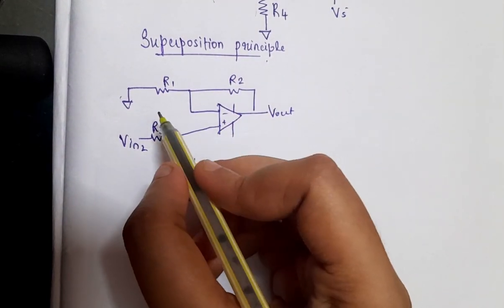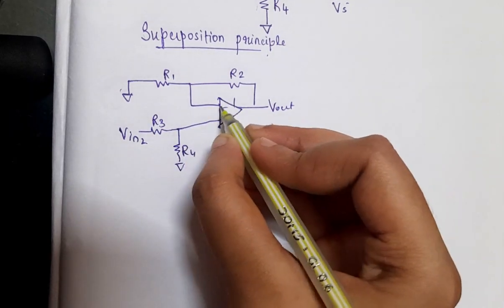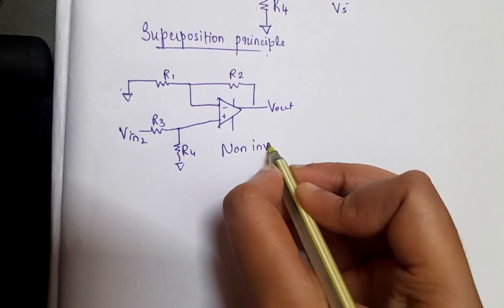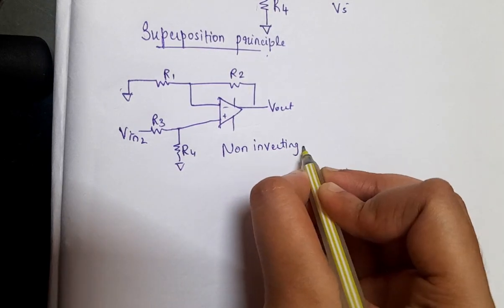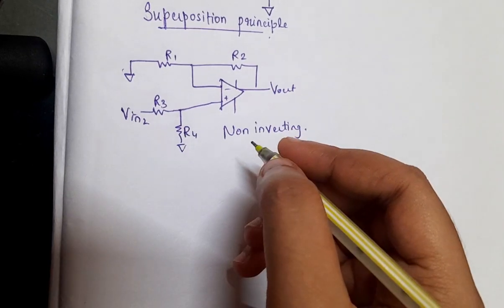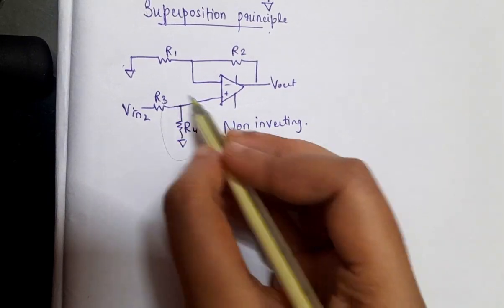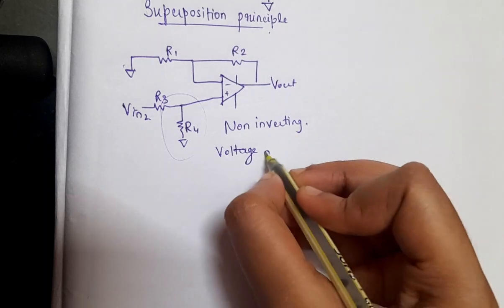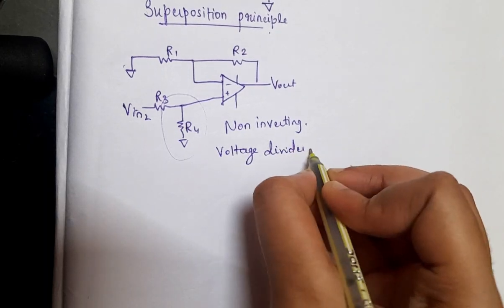Here we can see only Vin2 is given, and here we need to apply the voltage divider rule across the R3 and R4 resistors. This acts as a non-inverting op-amp. Just we have to apply the voltage divider rule over here. That's the only difference.